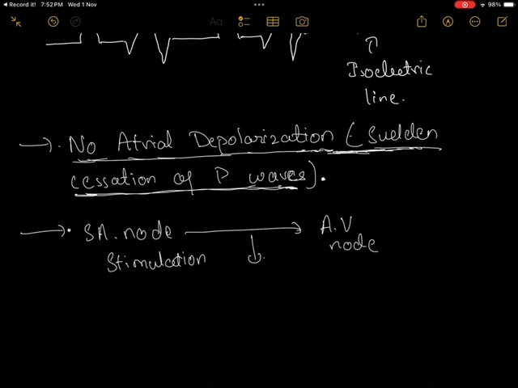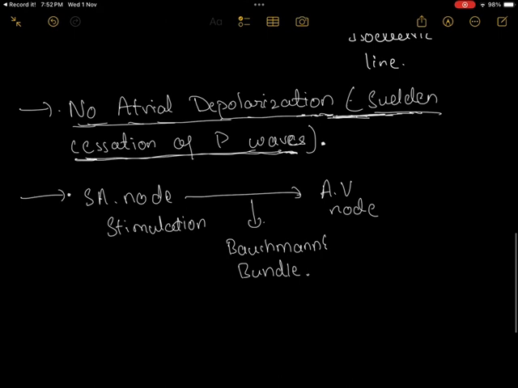It is through a bundle of branches called Bachmann's bundle, which is present in the right atria. Bachmann's bundle is responsible for transmission of the SA node stimulation to the AV node.